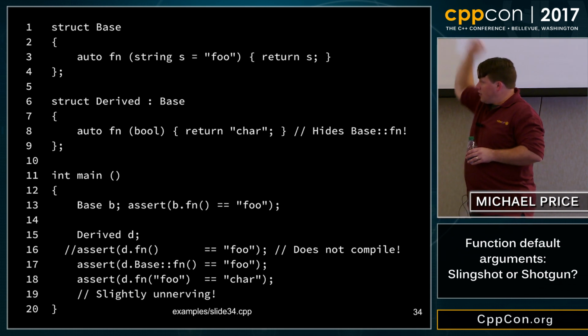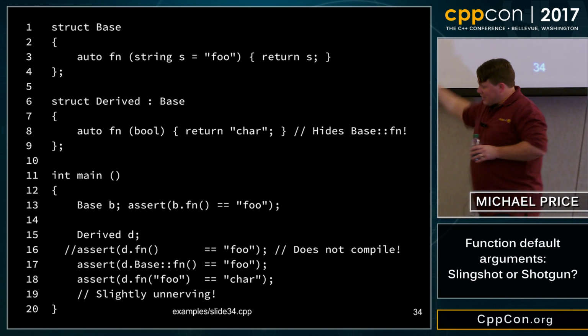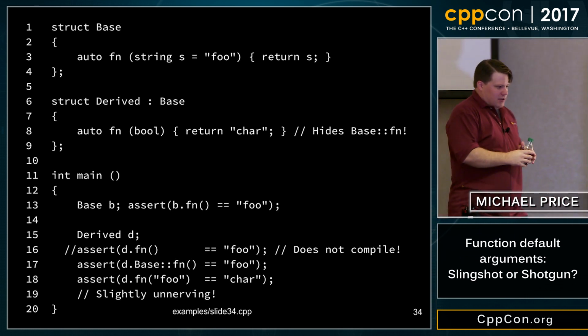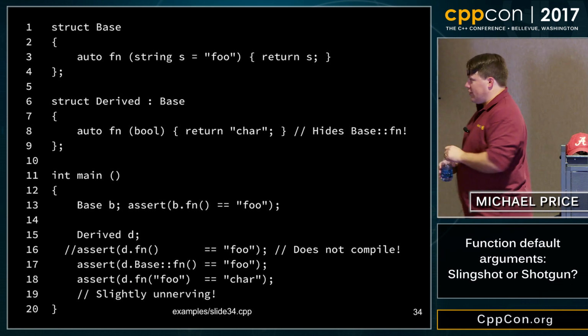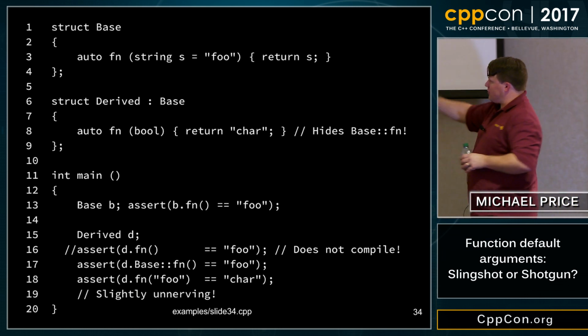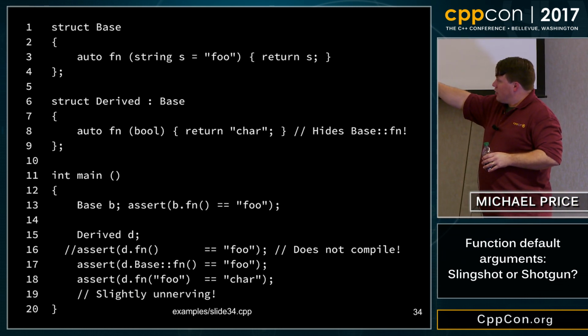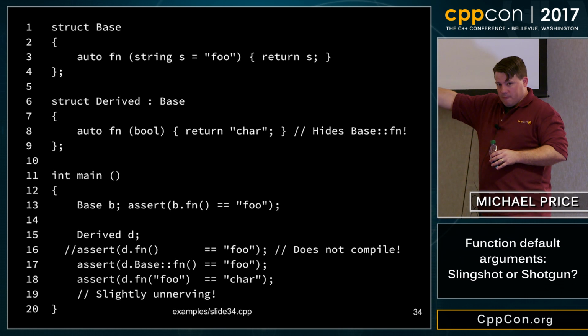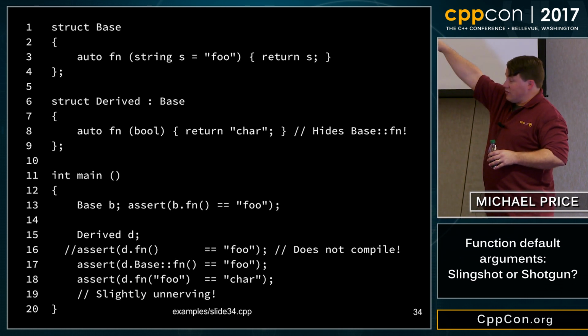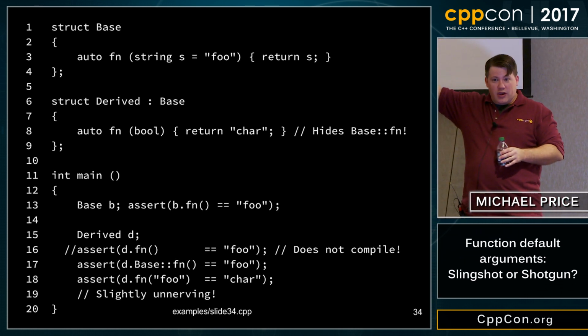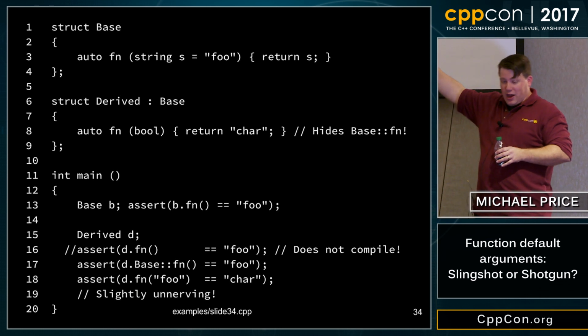That's good. And line 18, this has nothing to do with default arguments, but this is something that is disturbing, right? So if I saw this, I called D's fn with a string. Okay, well, D's fn takes a bool, not a string, right? I would hope maybe it would not compile.